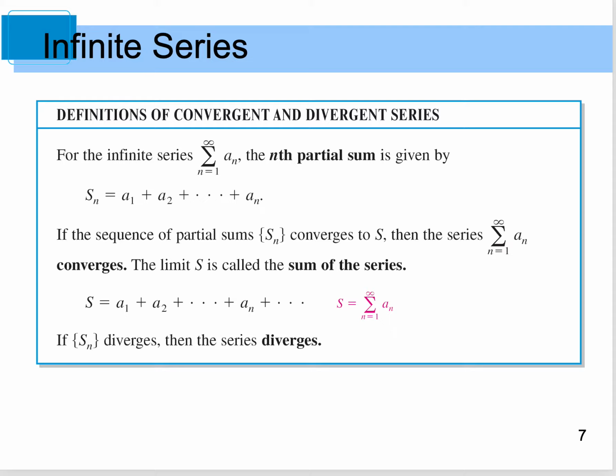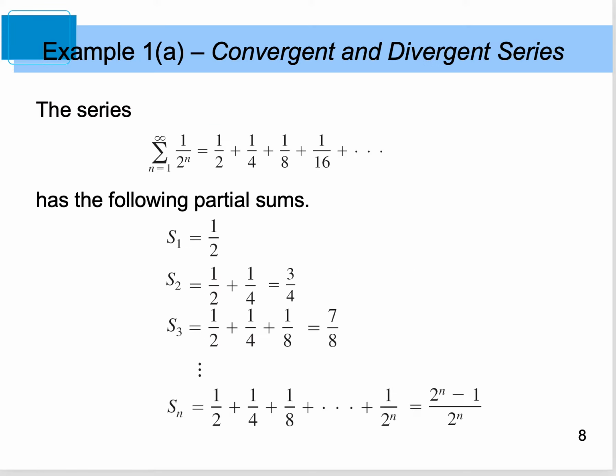If I can say the limit s is the sum of the series, if the sum diverges, then the series itself diverges. If I'm looking at those little pieces that I'm adding up and they aren't converging to anything, then I can use that logic to reverse back and say the series doesn't actually converge to anything. An example of this would be the series of 1 over 2 to the n.